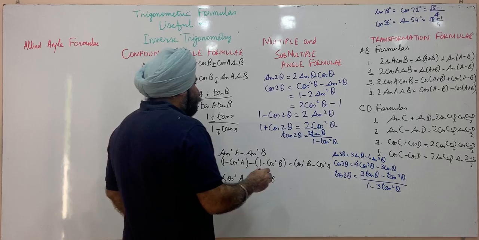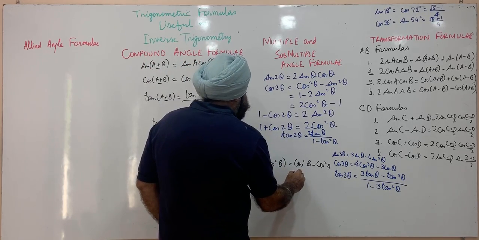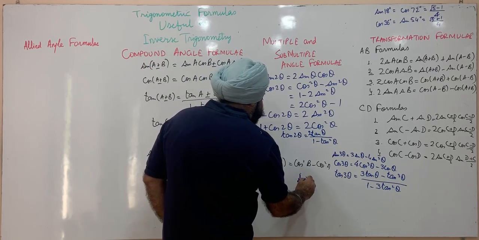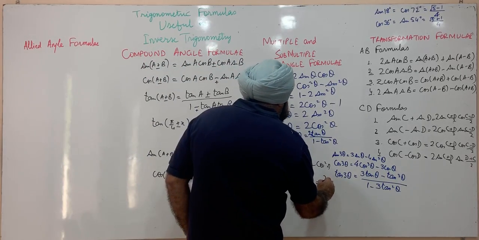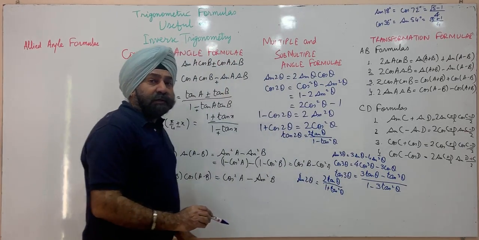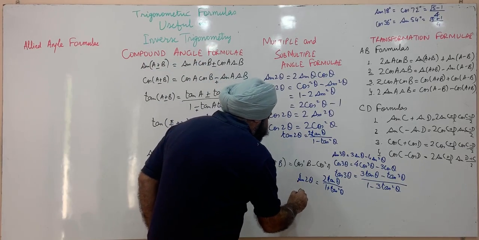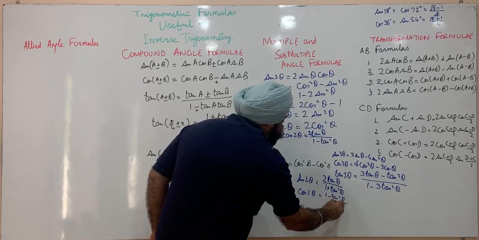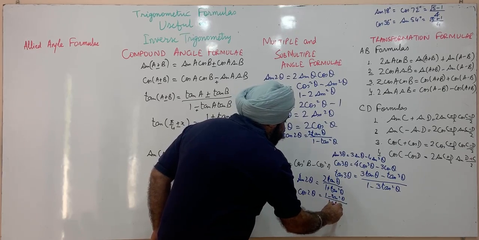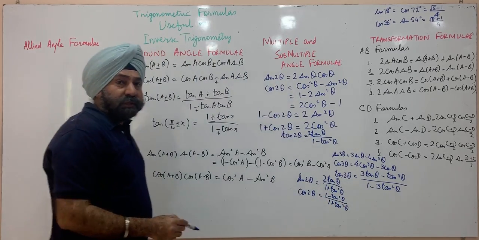Then we have two more. One is sine of 2 theta in terms of tan theta. It's 2 tan theta upon 1 plus tan square theta. And cos of 2 theta is (1 minus tan square theta) upon (1 plus tan square theta). These are the formulas.